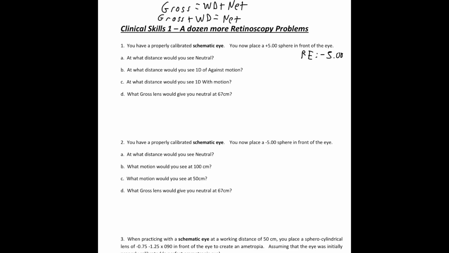So on the off chance you had a patient whose refractive error was -2 and you are working at 50 centimeters, you would see neutral with the phoropter at 0, you'd take out your working distance, and you'd end up at -2. So in this case, the refractive error is -5. The easiest way to find out the distance is just to find the punctum remotum. So you do 100 divided by 5, and that's 20 centimeters.